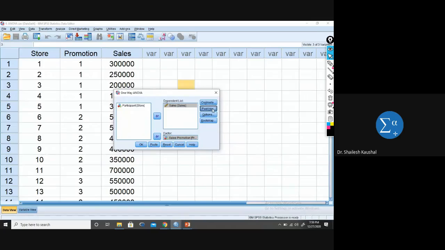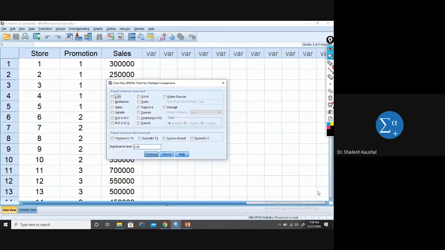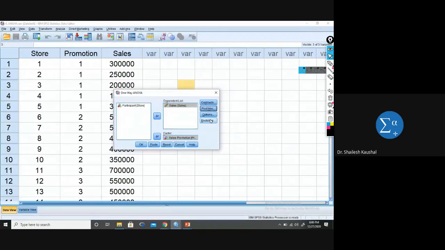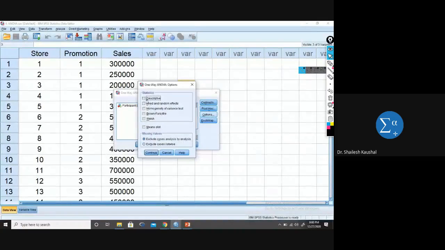In Post Hoc analysis there are 18 tests, so I'm selecting only one, the Bonferroni test. I'm picking Bonferroni and then Continue, then Options, Descriptive statistics, Homogeneity of variance test, and Continue.